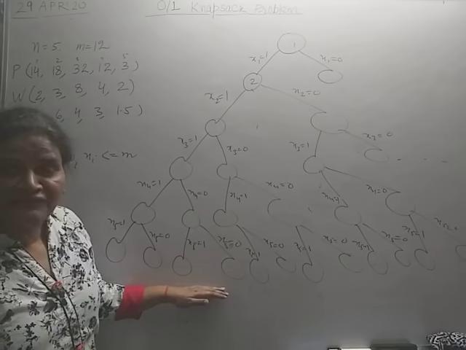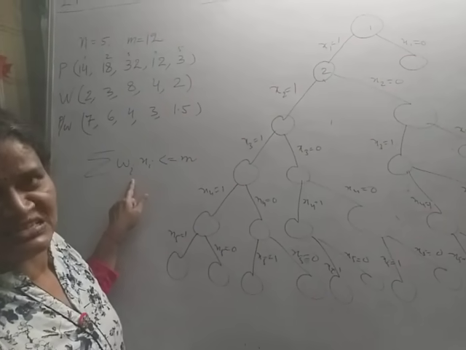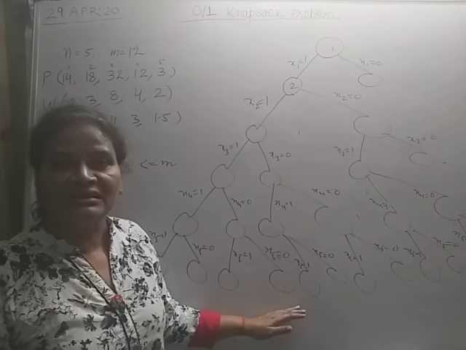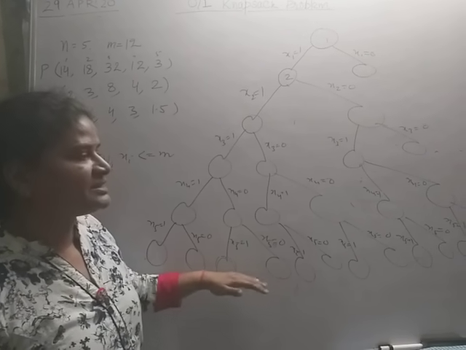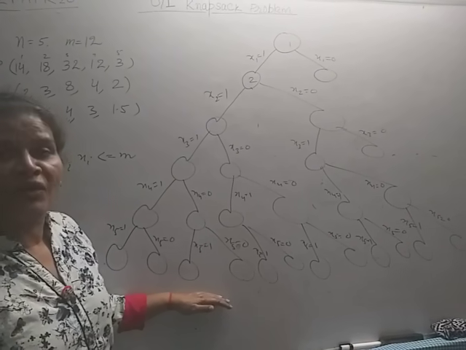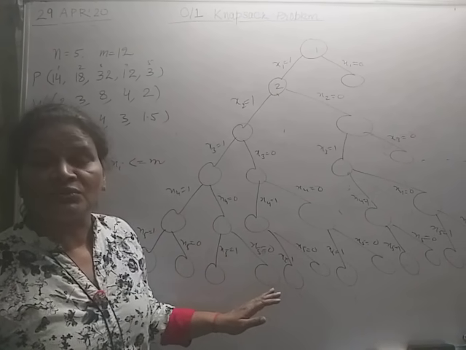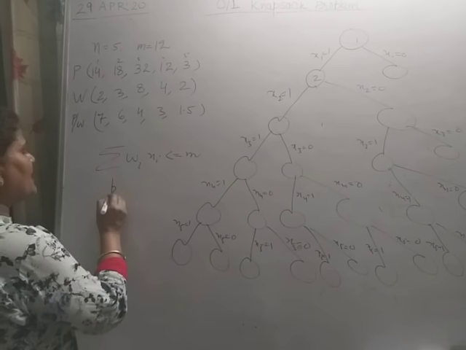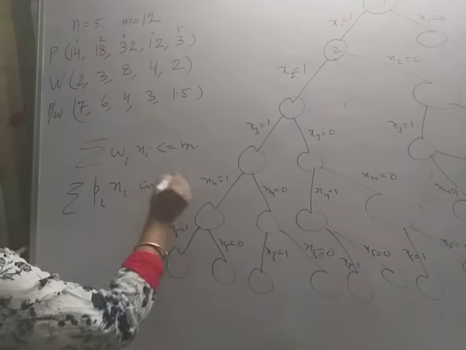So all the leaf nodes for which this condition is satisfied become the solution states. The answer node is one of the solution states for which the summation pi xi is maximum.